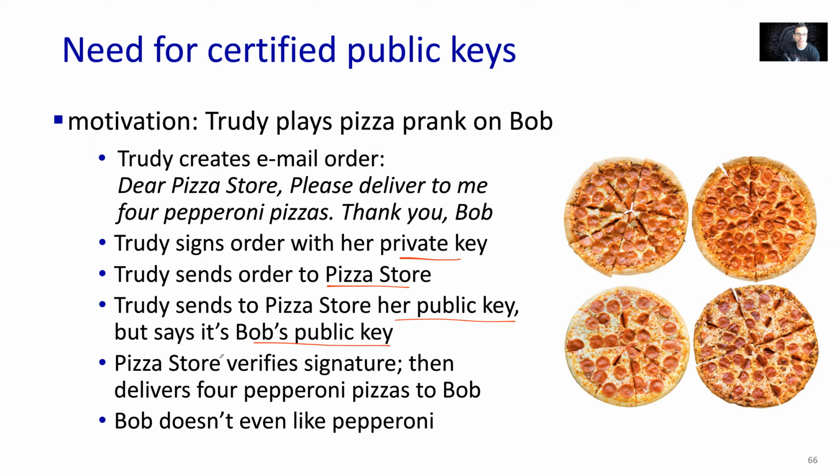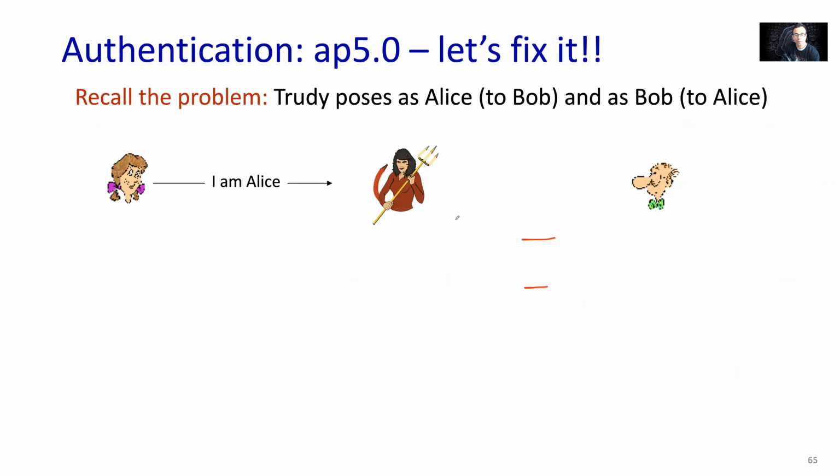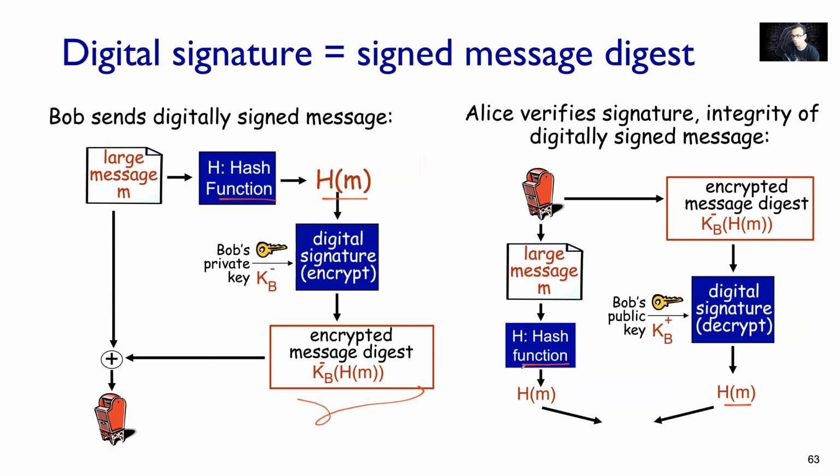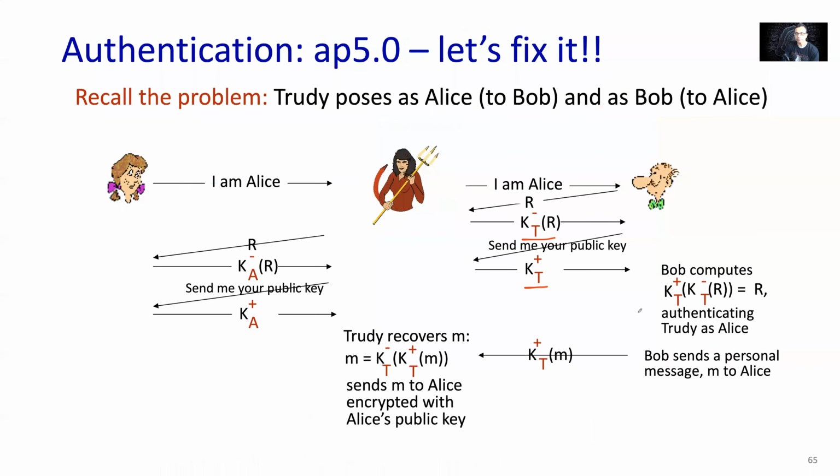The issue again here is that when the pizza store uses what they think is Bob's public key, but which is of course Trudy's public key, and applies it to this signature, it will make sense. It will all match, right? So this algorithm, the digital signature, will work because what they think is Bob's public key is actually Trudy's public key, right?